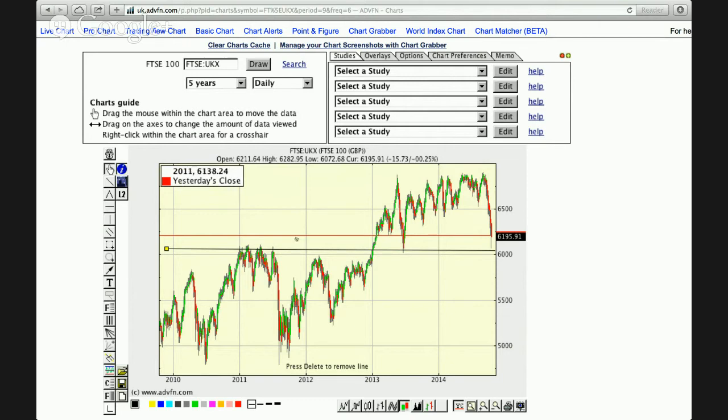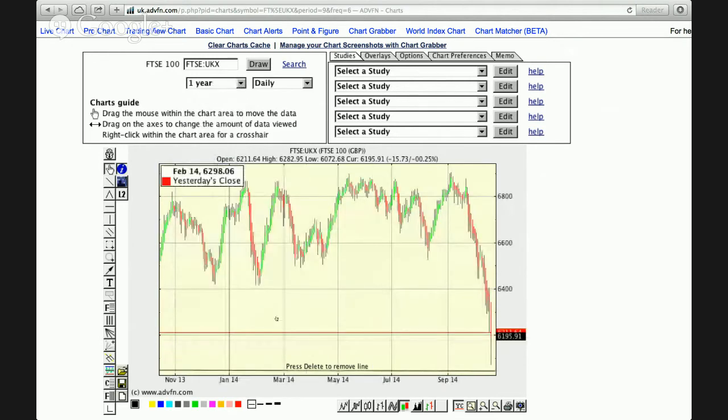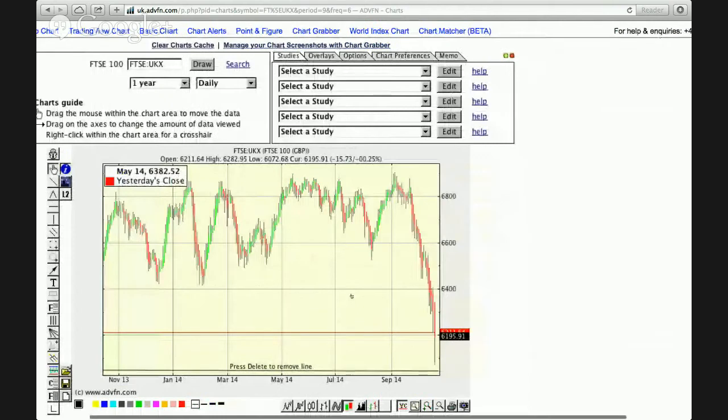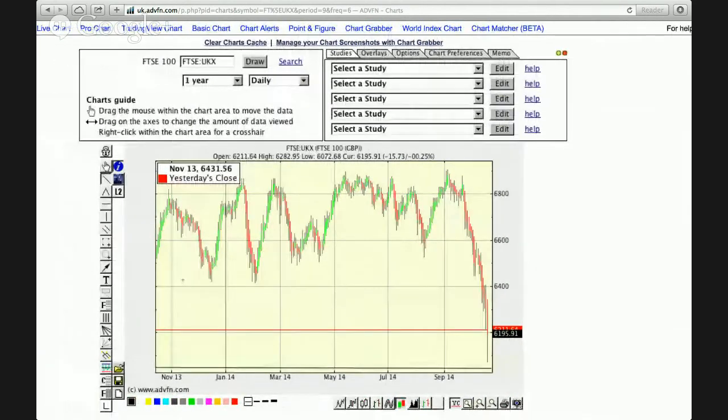Okay, what I'm actually going to do is bring us back to that 1-year period. And I'm just going to draw a few lines, just to see where that's actually taken us.